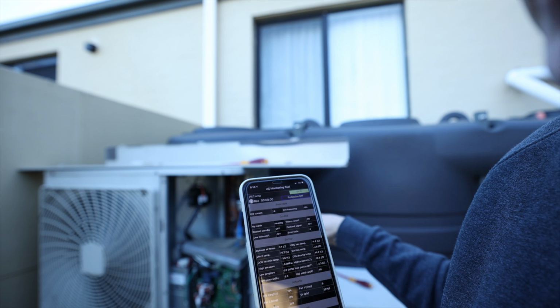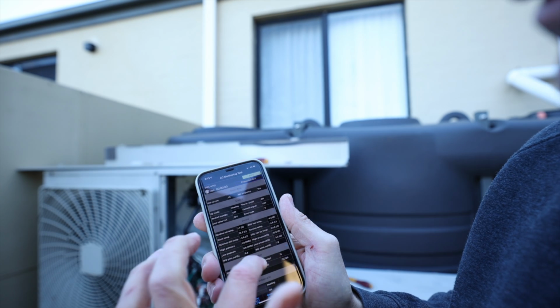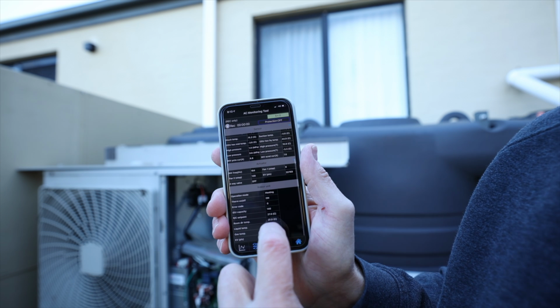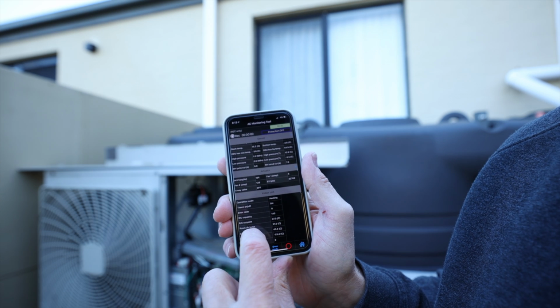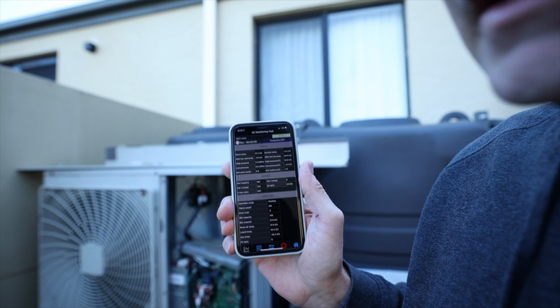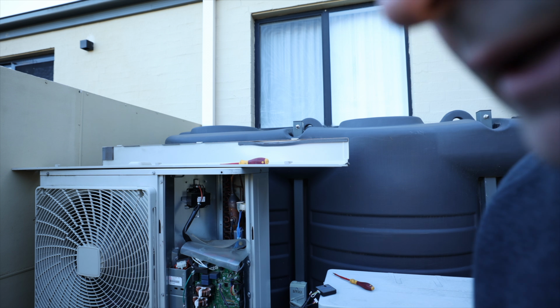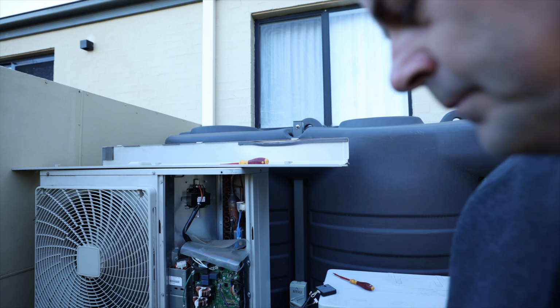The temperature outside is 2 degrees. It's kicking up 6.7K. That 6.7K is then compressed, and we're ending up with a coil temperature of 45.5 degrees. So yeah, this is running as hard as it can. We just need to wait now for it to go into defrost.